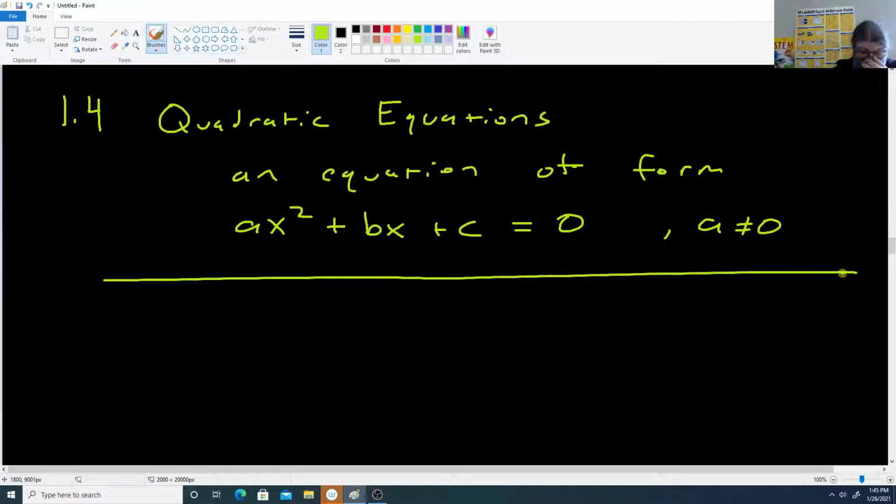We're going to talk about something called the zero factor property, and then we're going to solve some stuff by factoring that uses that property.